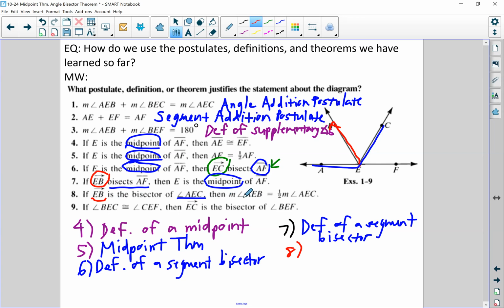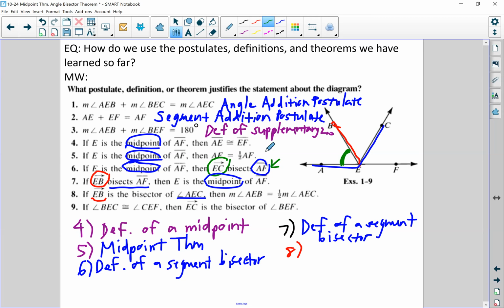We then know that the measure of AEB is equal to 1/2 the measure of AEC. So this angle, AEB, let's do that in green, is half of the blue angle, AEC, that is drawn.